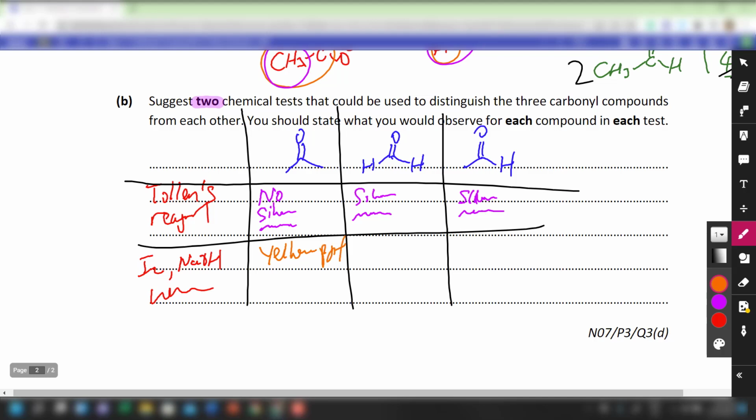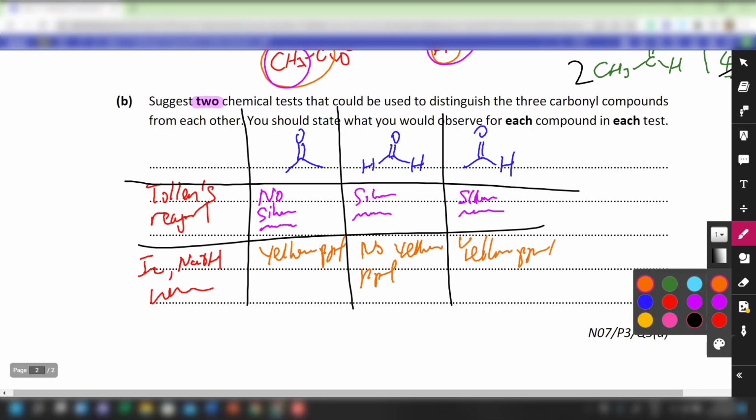For methanol, no yellow ppt, or absence of yellow ppt. For ethanol also yellow ppt. So if I simplify the whole matter, for Tollens reagent it will be cross, tick, tick, and for the iodoform test it will be tick, cross, tick.